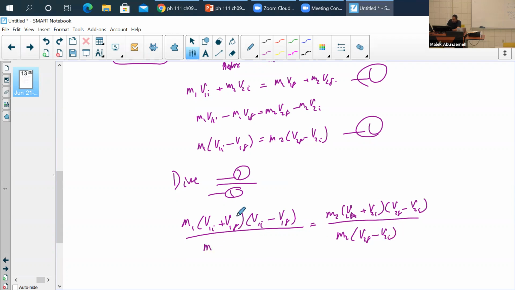This is going to be m1 (v1 initial minus v1 final).